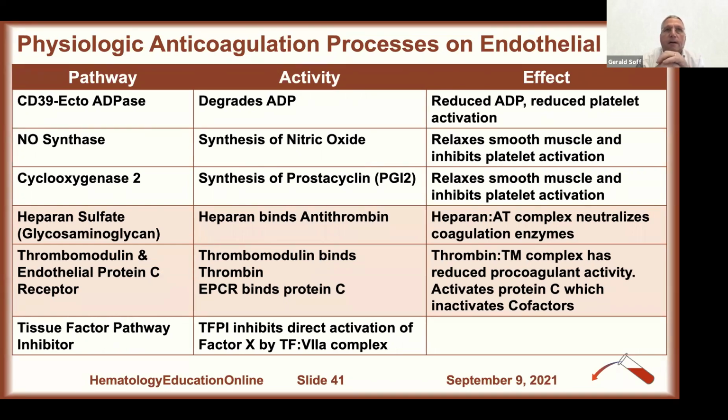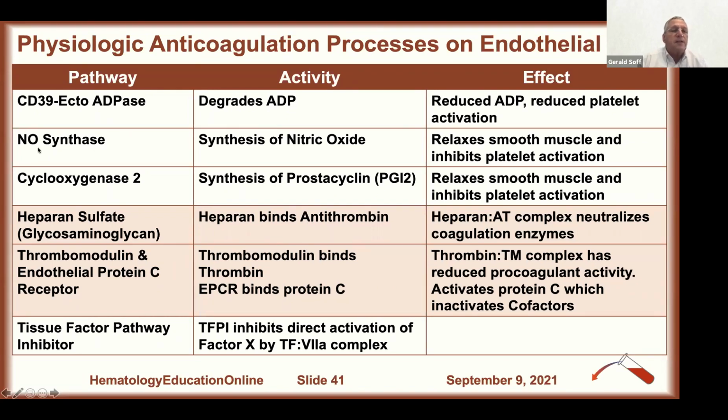Endothelial cells do not activate clotting, which is very important. But beyond that, they actually regulate and reduce the rate of clotting shown here. There are a lot of these pathways which we're not going to talk about. There's CD39, or ecto-ADPase, that degrades ADP, and as we'll talk about later in the year, ADP activates platelets.